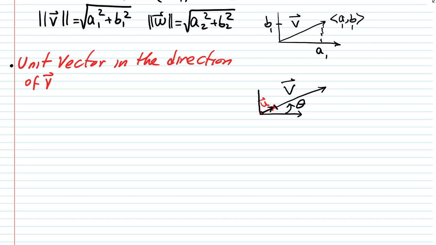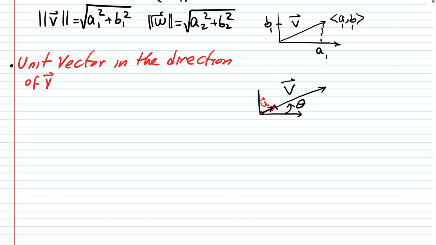The magnitude of u is 1 because it's a unit vector, and the vector u itself can be written as cosine theta i plus sine theta j. Remember, this is in the ai plus bj form, and the components a, b are of that unit vector.